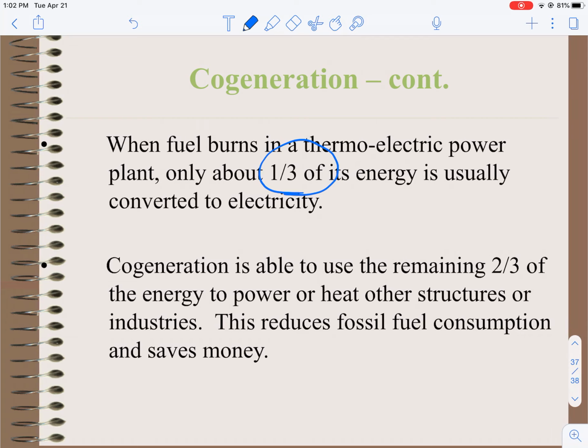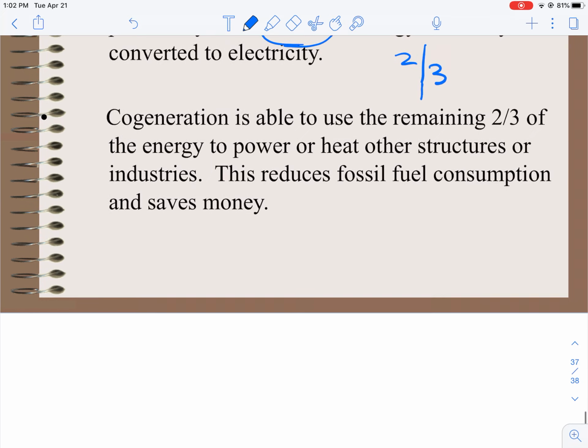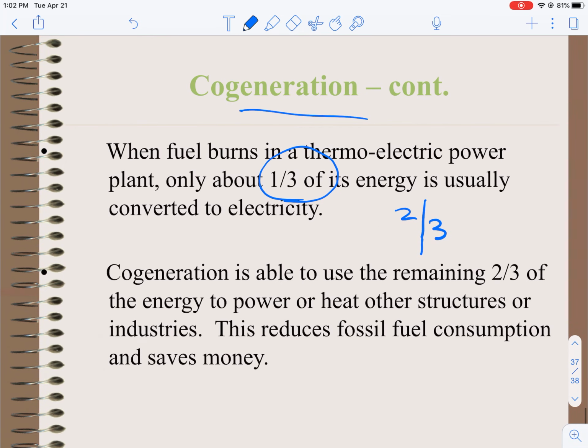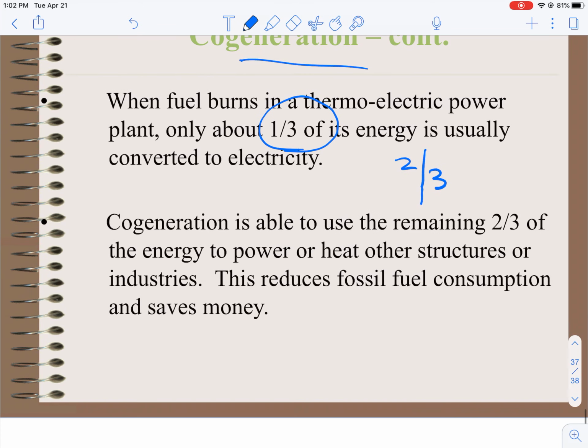And so it says that usually only a third of the fossil fuel is actually used for converting into electricity. So the other two-thirds, if we can use some of that for heating the building or for something useful, that is a positive thing to do. That's what cogeneration is.